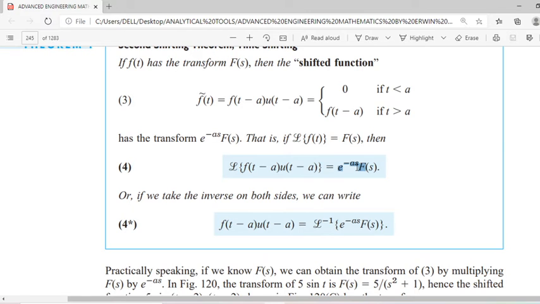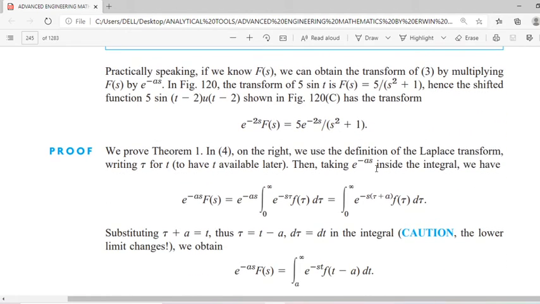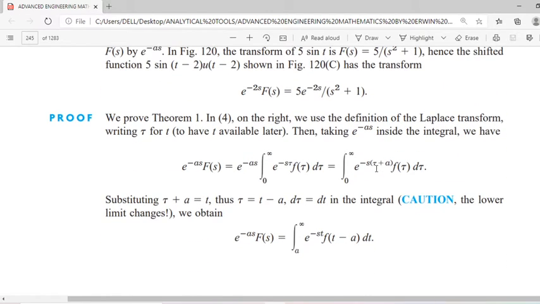You have to know the L of f of t, and then the Laplace transform of f of t minus a into u of t minus a will be e raised to minus as into the Laplace transformation of the original function. That is the beauty here. So how can we prove that?